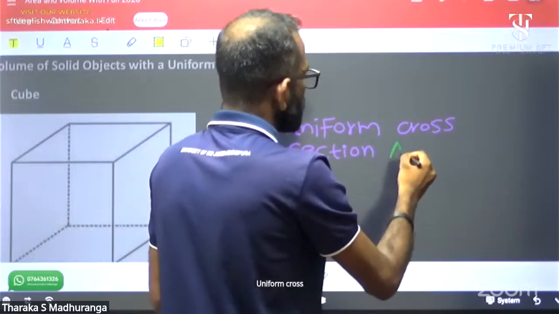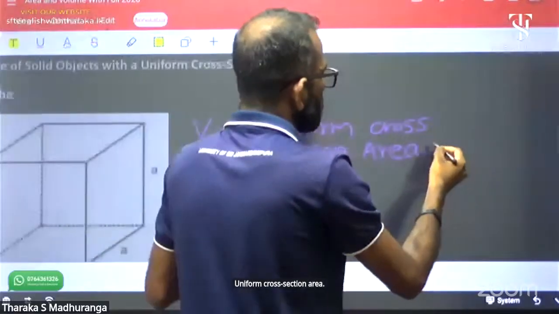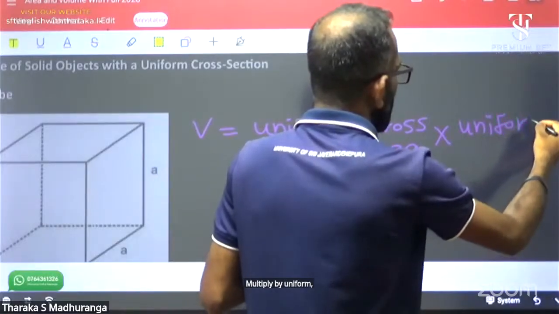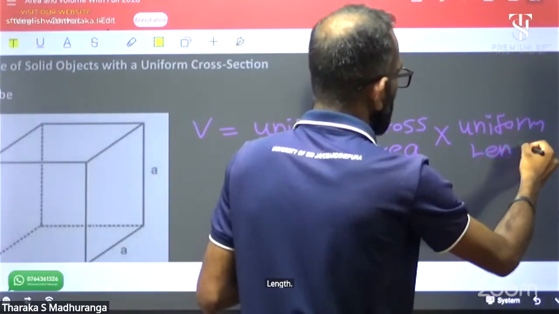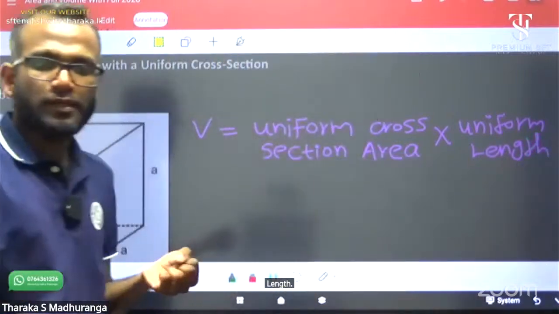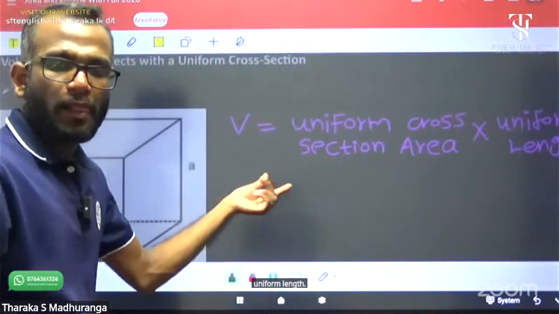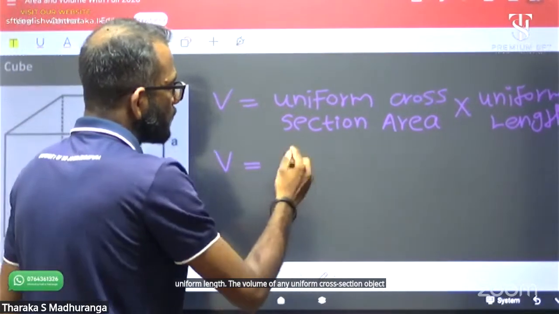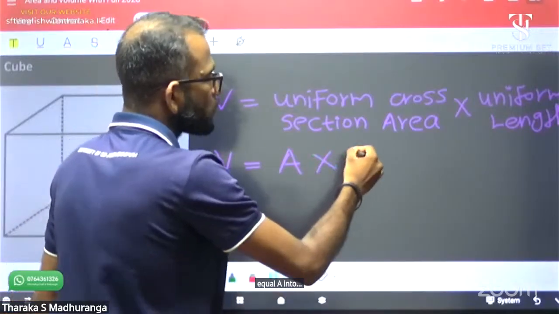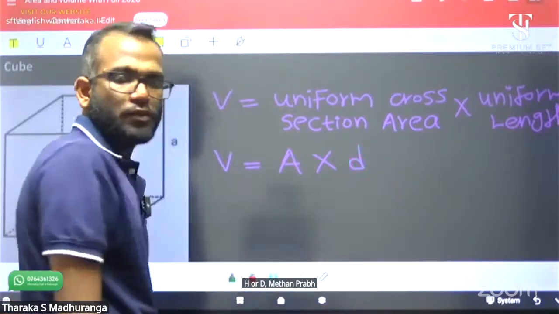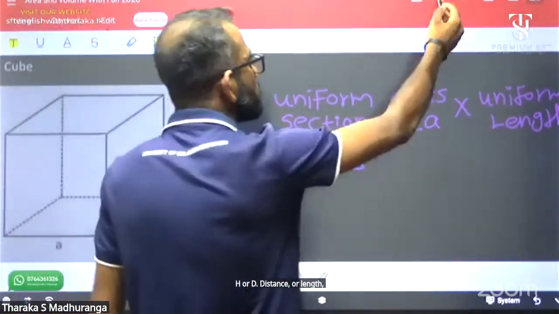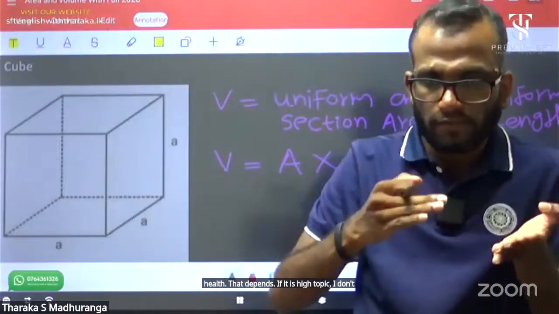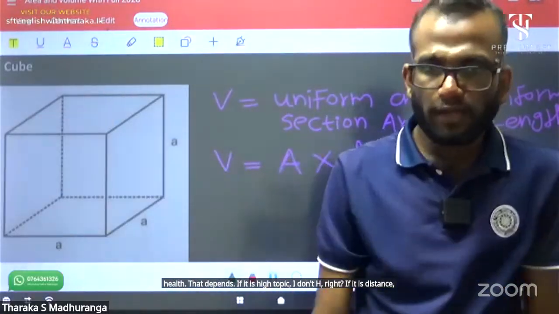The volume of any uniform cross section object equals the uniform cross section area multiplied by the uniform length, A into H or D. Here let's use D for distance, or L for length. That depends. If it is height, we take H, and if it is distance, length.